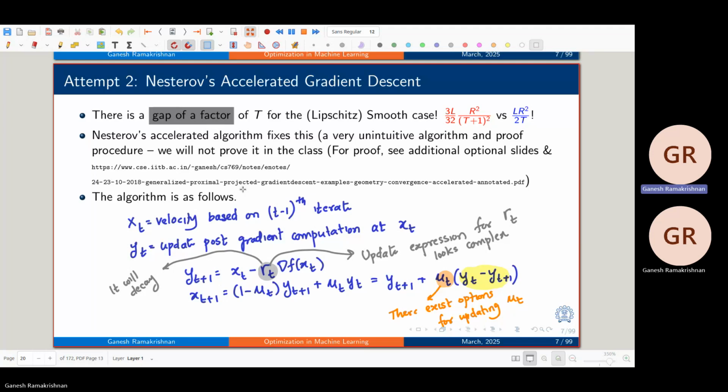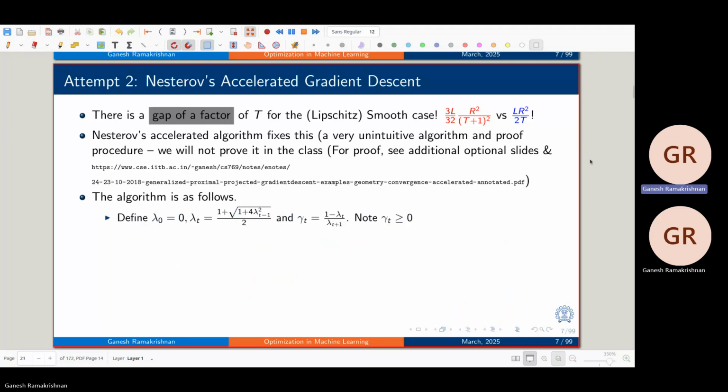Then you can unfold it, and it looks exactly the same. Because I've written it differently, I get a little more freedom in choosing what mu t will be, and in fact we'll see that the mu t's and gamma t's won't be just independently updated. I wanted you to think about the freedom of choice you get in writing down these expressions.